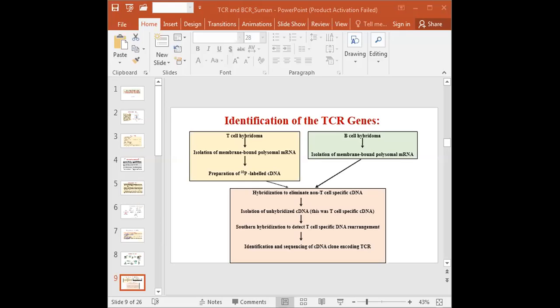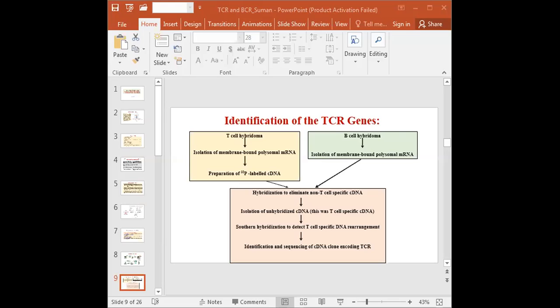Thus, hybridizations were performed with DNA from various cell types using these cDNA clones as probes. This led to the identification of a cDNA clone which showed different DNA bands in non-T cells and T cells.